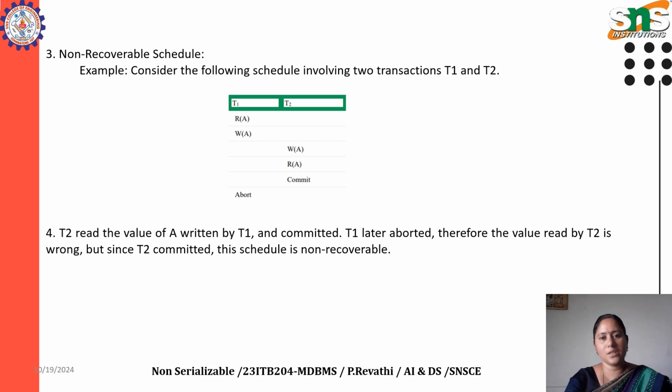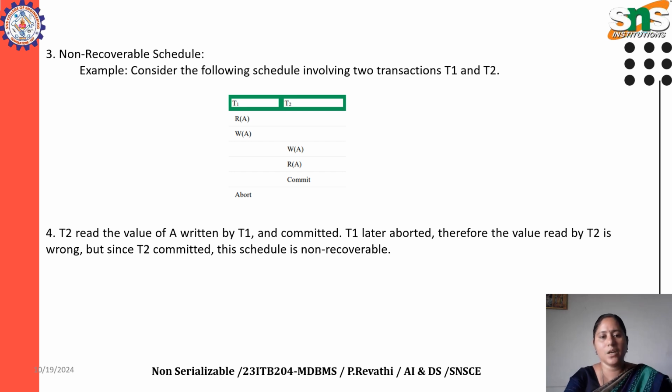For example, consider the following schedule involving two transactions, T1 and T2. In T1, first we read A, after that we write A. Then control is transferred to T2, which writes A, then reads A, and commits. After T2 commits, control is transferred to T1, which then aborts.